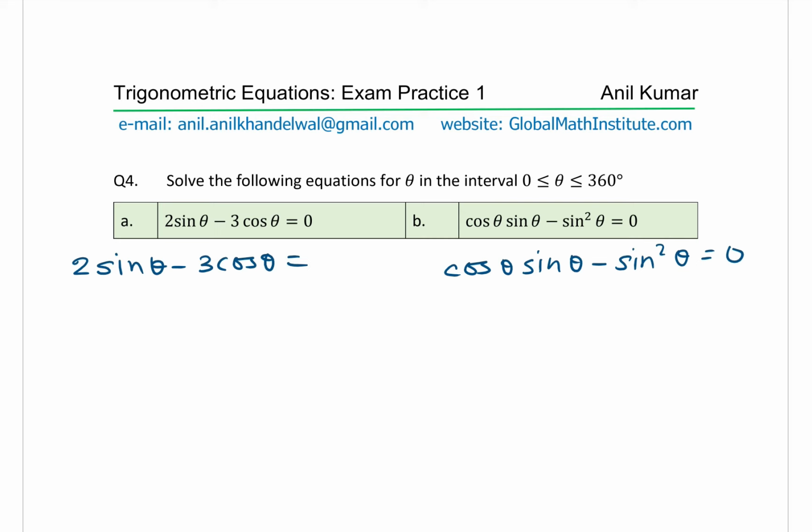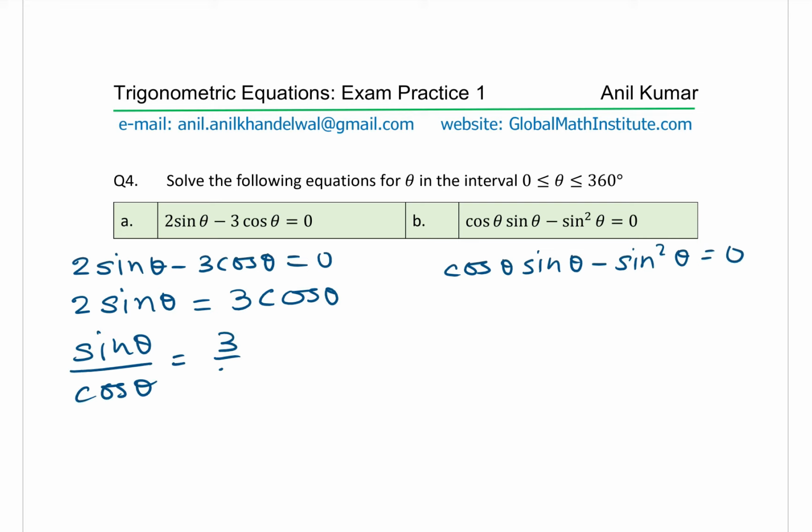So we'll follow a few extra steps here. Extra steps help us to understand better actually. So let me rewrite this as 2 sine theta equals 3 cosine theta. Then we divide, which is sine theta over cos theta equals 3 over 2, or tan theta equals 3 over 2.